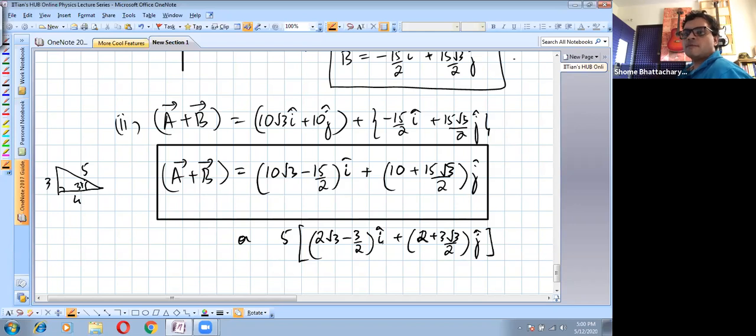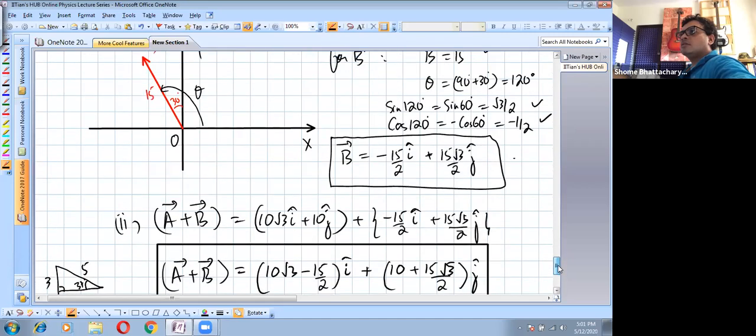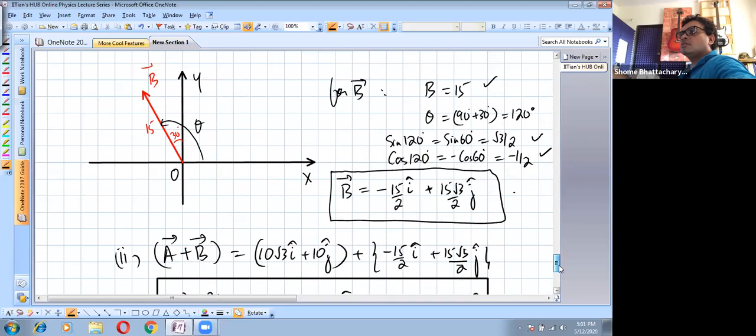Which should be 15 by 2. Archit, which question are you talking about? This one? Minus 15 by 2 and plus. So this is correct.